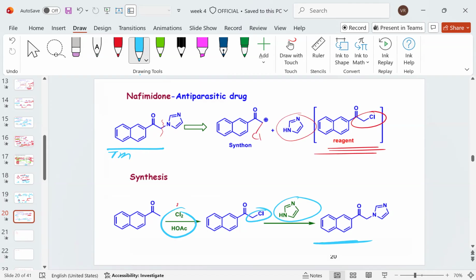You can see this is a very simple small molecule, yet it can behave like a pretty good pharmaceutical ingredient. This is basically an anti-parasitic drug, and it has the name nifurimide. That's the anti-parasitic drug molecule.